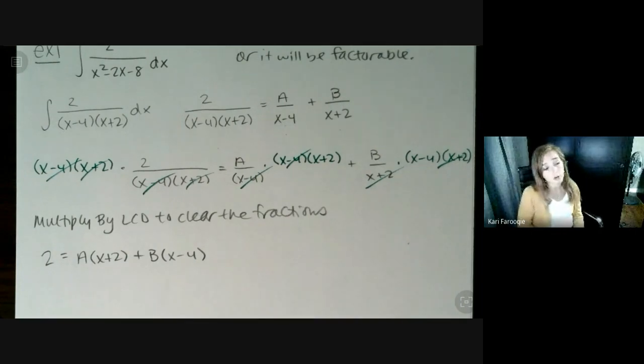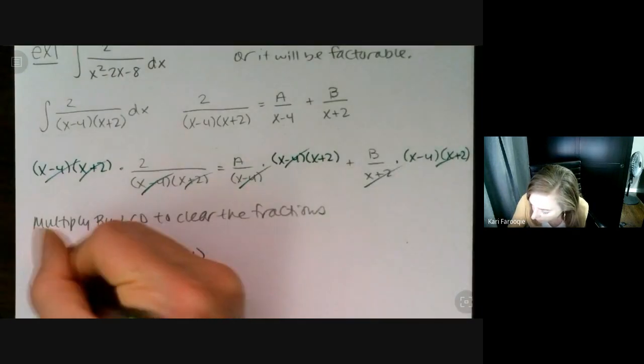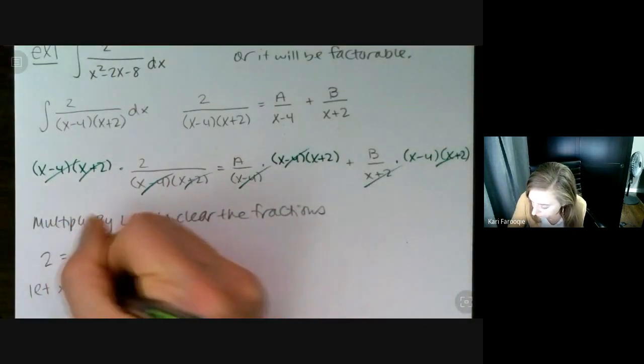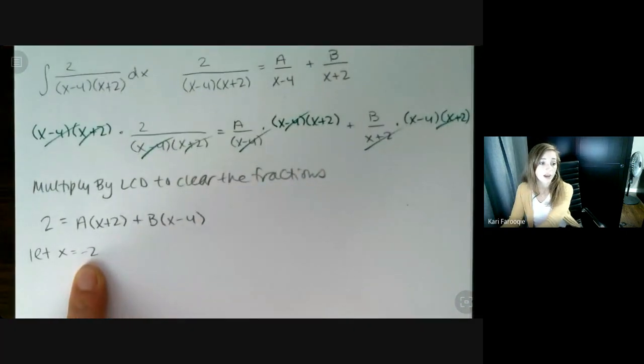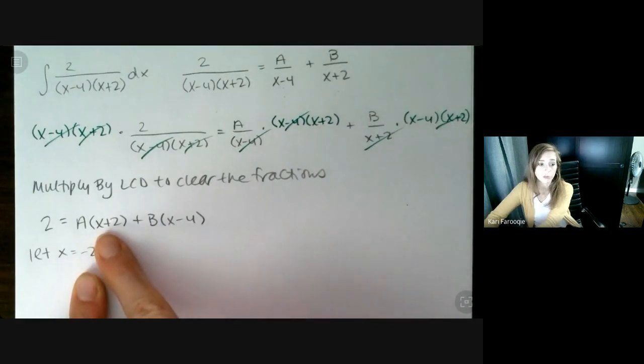Now, you need to solve for a and b, so you're going to strategically choose values of x that will allow you to do so. This is an equation, so you're trying to figure out, well, what would a have to be if x was this quantity or if x was that quantity? So you're going to let x be, for instance, -2. If I let x be -2, then it's going to allow me to eliminate a, because -2 plus 2 is 0.